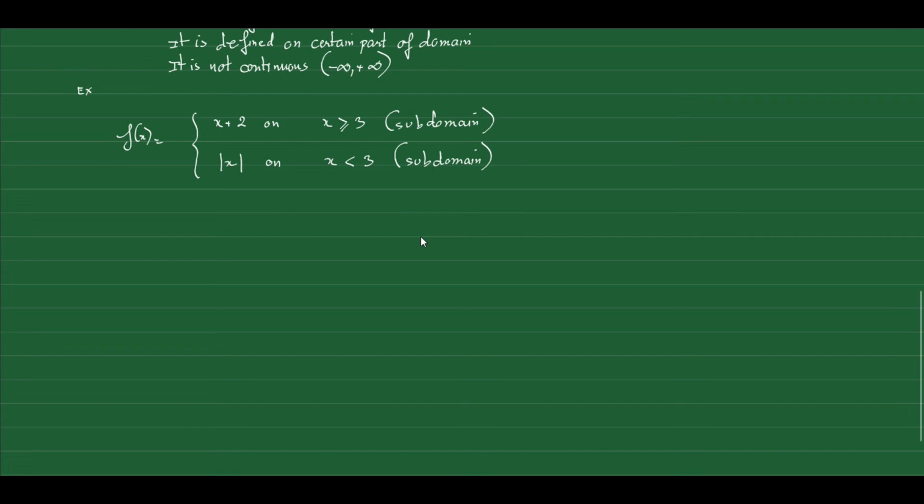Now, how are we going to graph this? We're going to graph one by one, and then we apply the subdomain, the restriction. So x plus 2 is a linear function. Slope is 1, started at 2. 1 gives you 3, 2 gives you 4, and 3 gives you 5.